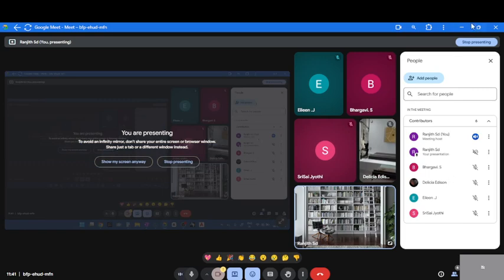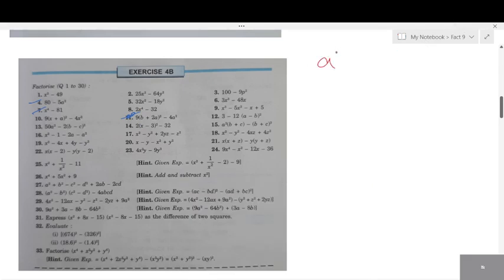Yes, unmute the call, Delicia. Do you remember this exercise? We use the a square minus b square concept, factorization. What is the a square minus b square formula? Yeah, tell me what is a square minus b square? Yes, I need the answer. This is a simple formula, Delicia. If you don't remember this, then what did you do in your midterm?